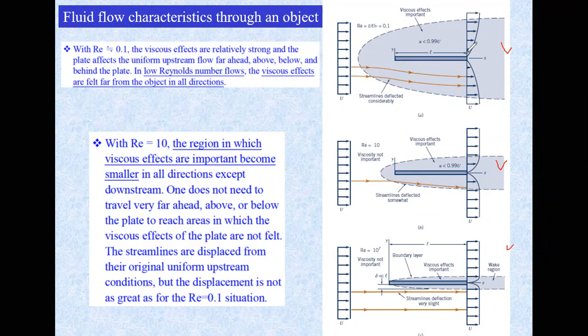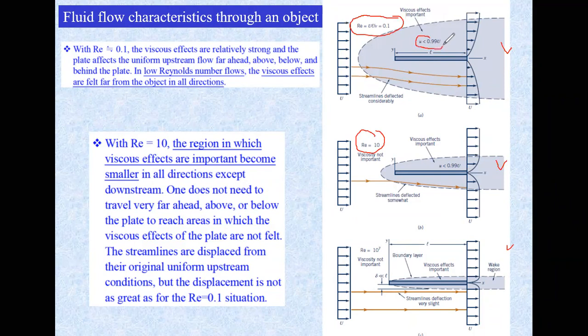Okay, so this happens when the Reynolds number is very small, 0.1 and less than 1, for example. So the viscous effect will be bigger and wider. For the Reynolds number of 10, in this case, for example, viscosity is not really important, so that you have the viscous effect region is smaller.